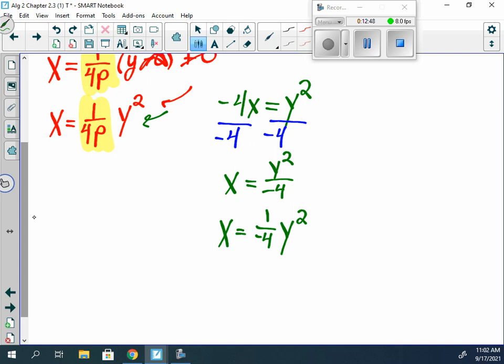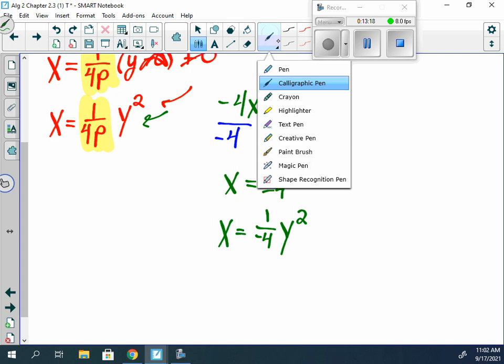So I can move it over to the side and say negative 1/4 y squared, because that's going to be the exact same as negative y squared over 4, or y squared over negative 4. These are the same. But I wrote it this way because now, does this equation look like our general equation? Because we have that fraction lining up. That's what we really want, is that fraction to line up. Because when we look at this here, I'm going to grab the highlighter again.